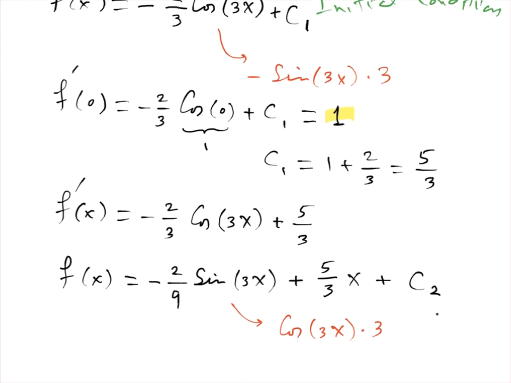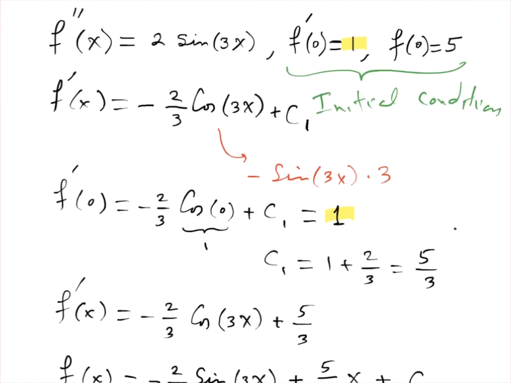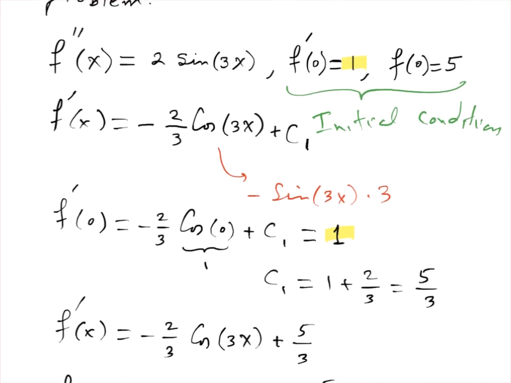Now we find C2 by using this initial condition. So f of 0 is 5.